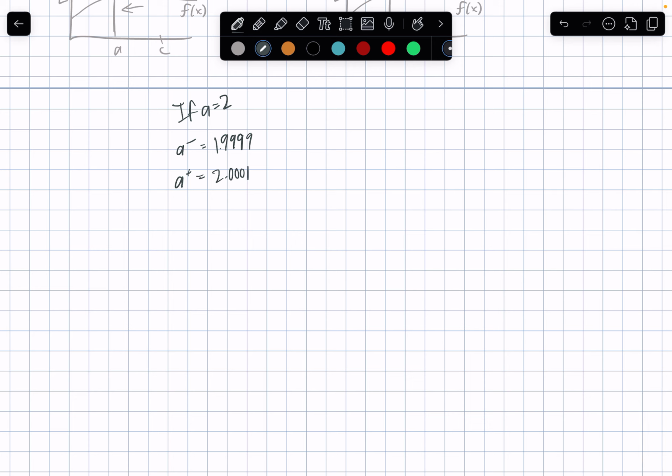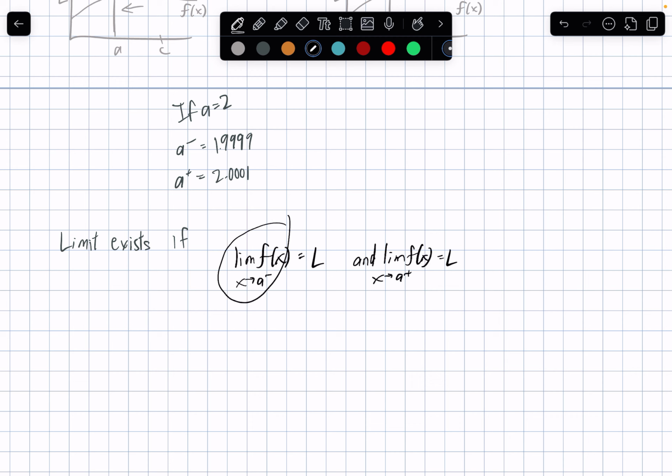Also, it is important to know that the limit exists if and only if the limit of f of x as x approaches a from the left side is equal to L, and the limit of f of x as x approaches a from the right side is also L. Basically, they are both equal to each other.